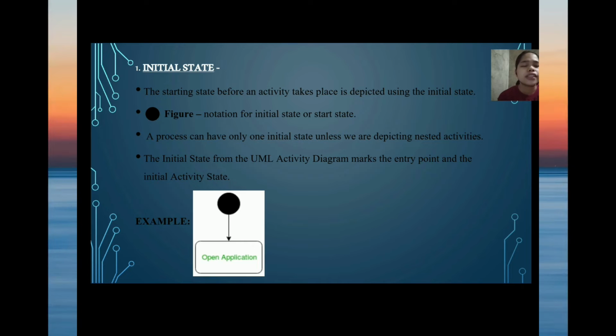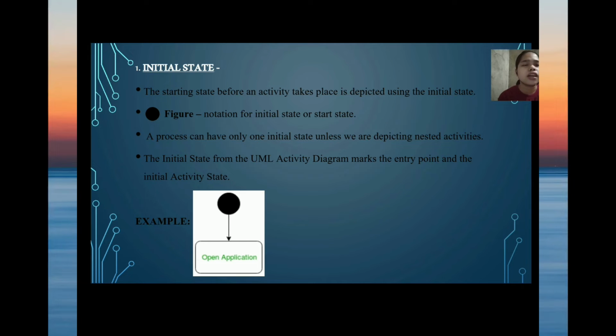This black filled circle depicts the initial state of a system, and for objects, this is the state when they are instantiated. A process can have only one initial state unless we are depicting nested activities.